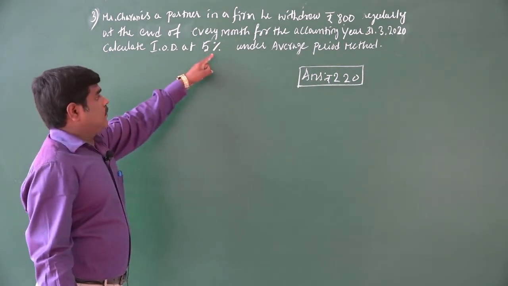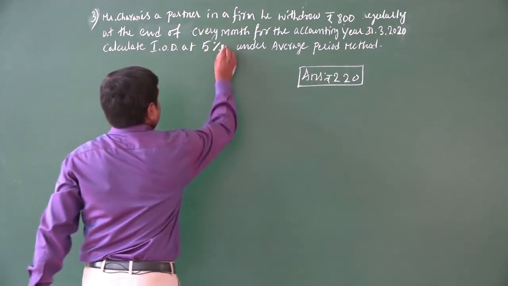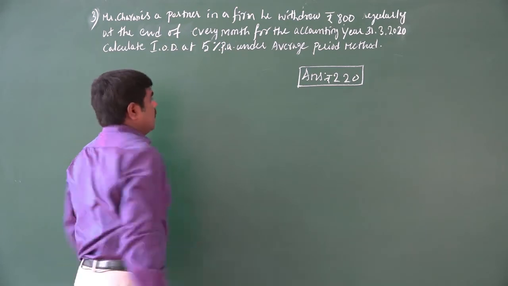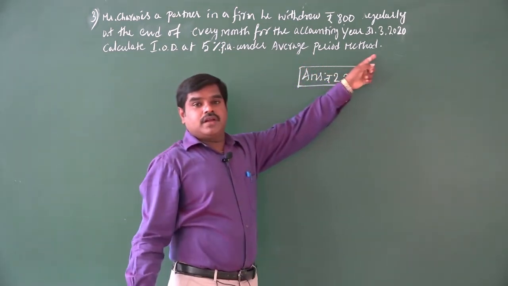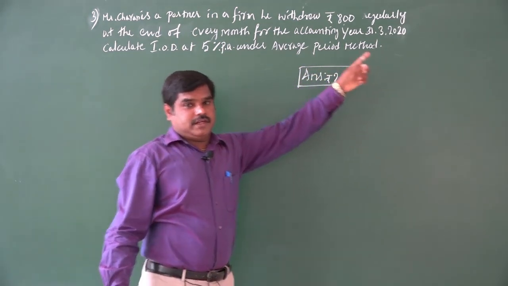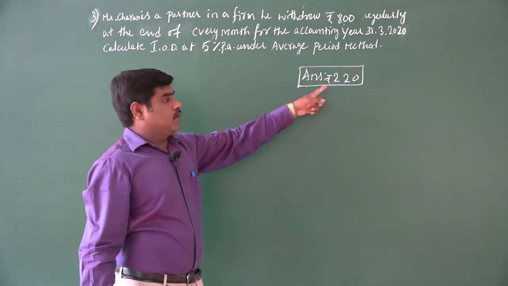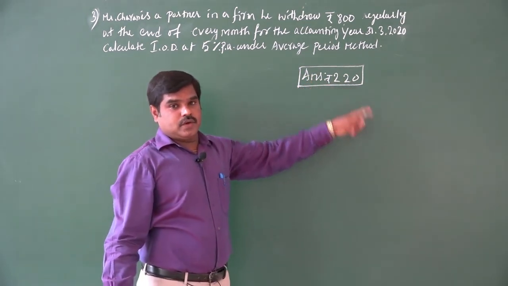Calculate interest on drawing at 5% per annum under the average period method or shortcut method. Try this problem. The answer you are going to get is 220.